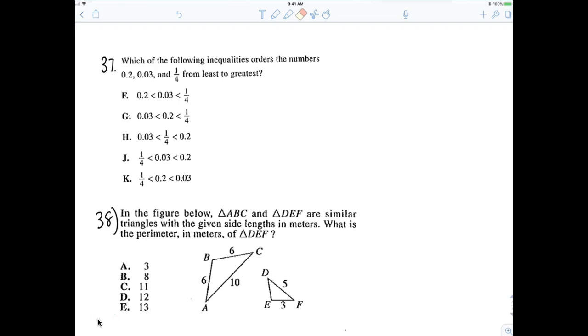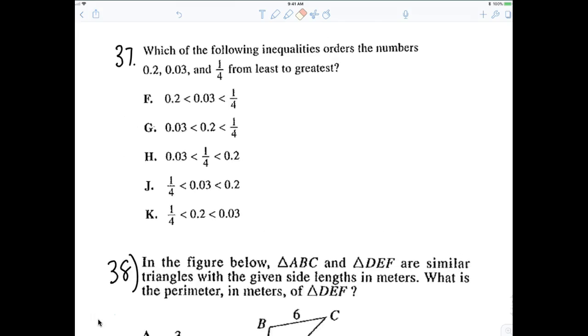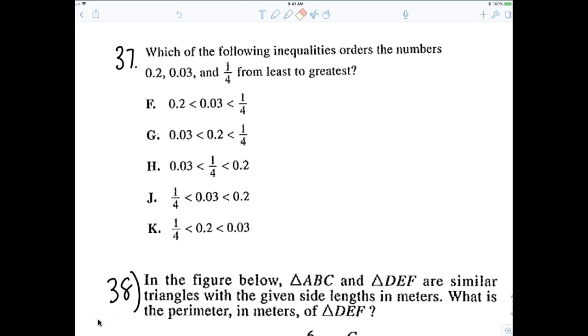All right? Now, for question 37, I said, guys, listen, you don't need a calculator for this. I don't want you to use a calculator for this. This is, do you understand numbers? All right, which one is obviously the smallest one? 0.03, right?